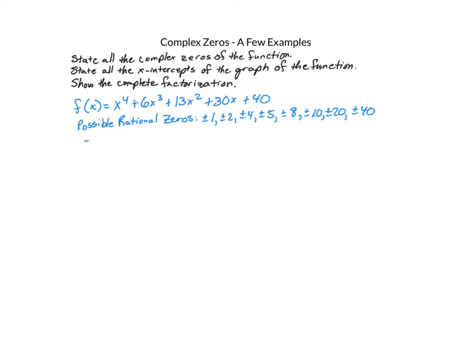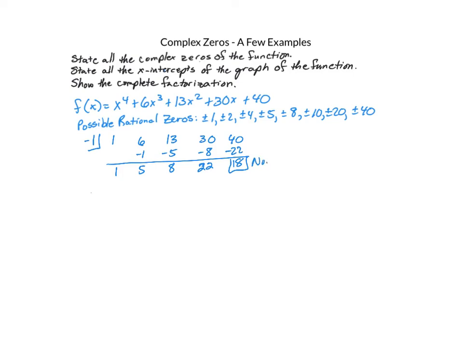So let's try -1. See if it's a 0. 1, 6, 13, 30, 40. So here we go. Bring down my 1, multiply and add, multiply and add, multiply and add. Whoop. Multiply and add, and that's a no. It is not a 0.